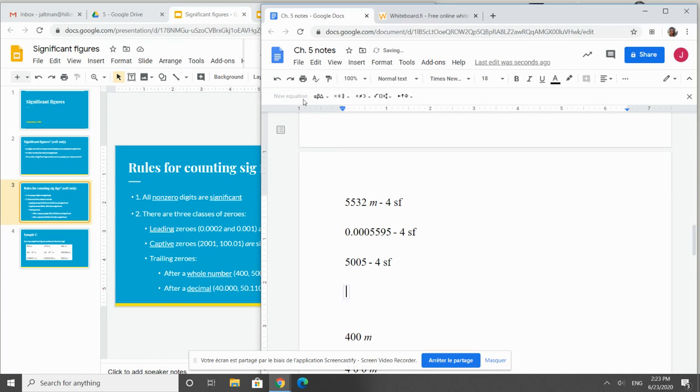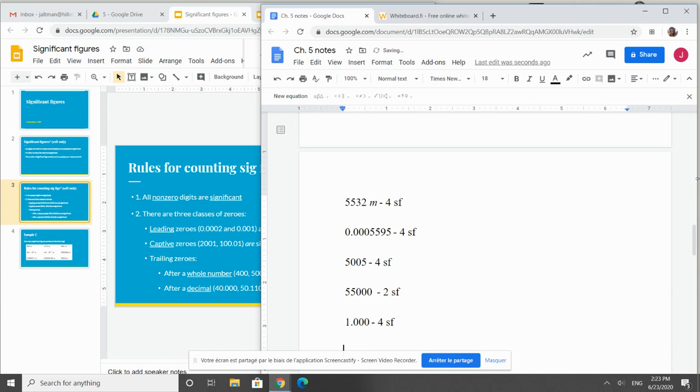You could have one after a whole number, so let's say I've got 55,000. These are trailing with a whole number, so this is 2 significant figures. Those 3 zeros are not significant. And then there is trailing after a decimal. So let's say I've got 1.000. This is 4 sig figs.